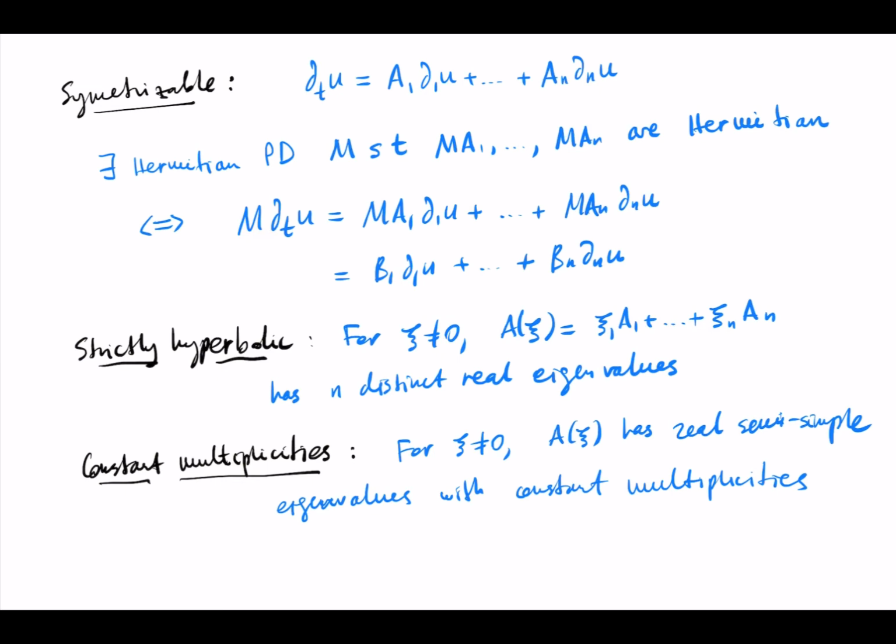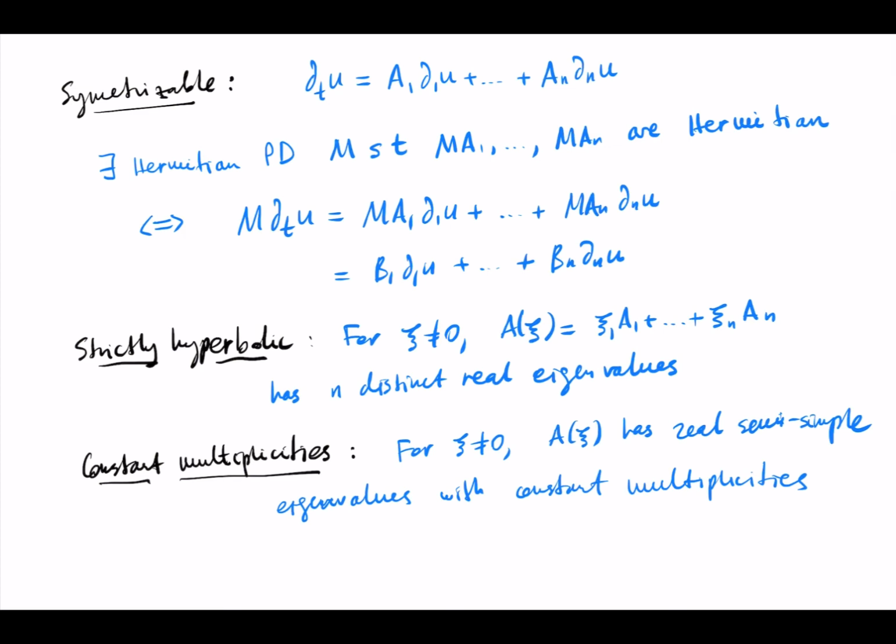Okay, the next set of examples is strictly hyperbolic systems. Now we look at the symbol of the right hand side. The symbol of the right hand side would be this here, and we require that for any non-zero psi, the symbol will have n distinct real eigenvalues. This is called strictly hyperbolic systems, and these systems are also strongly hyperbolic. Again, we are going to skip the proof.